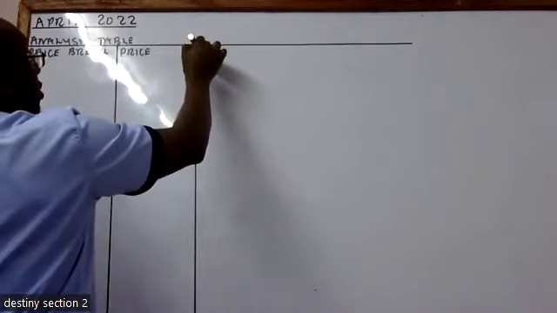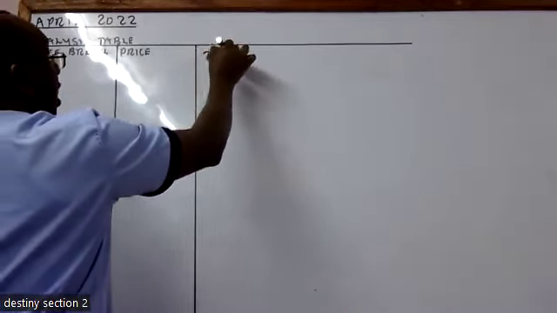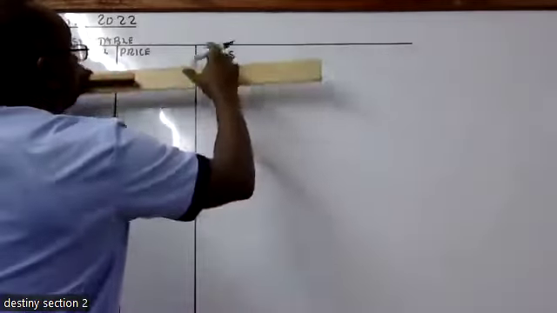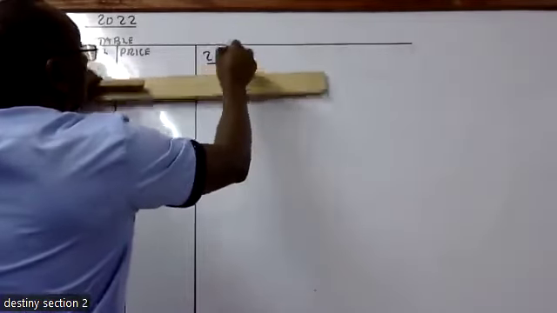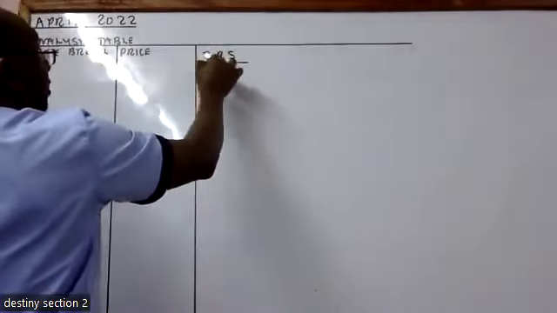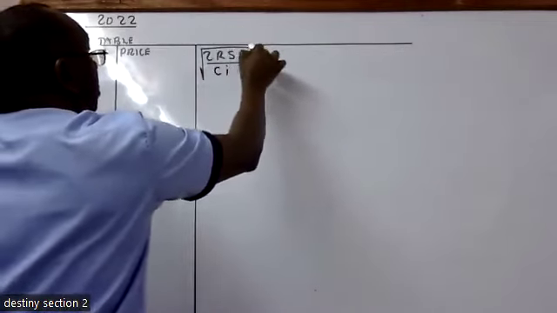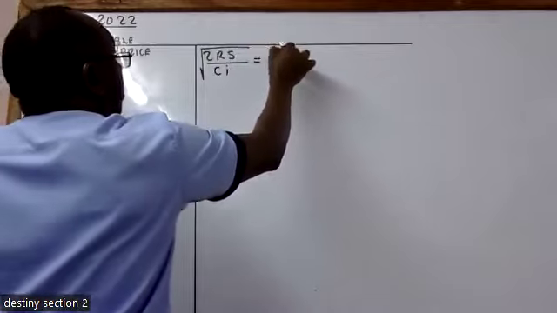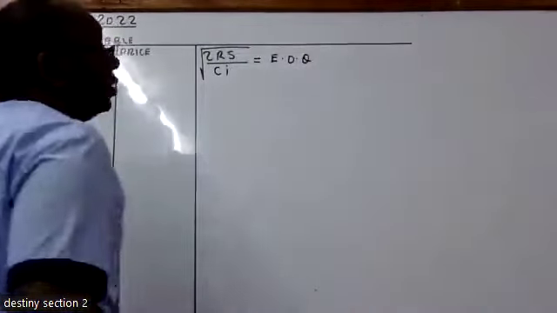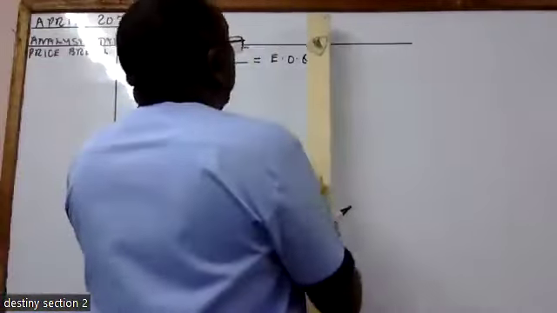So the EOQ, you know, it is given as the square root of 2RS divided by CI, and this gives us the computed EOQ.